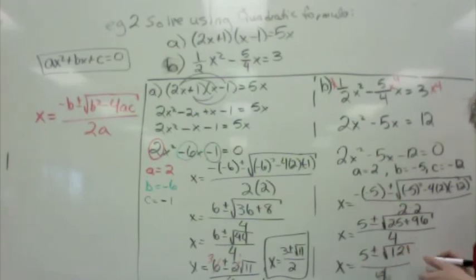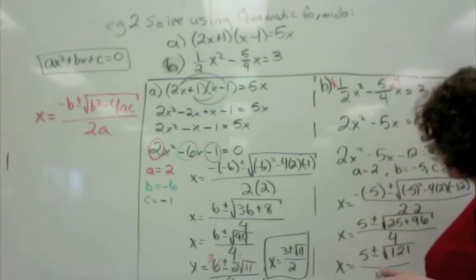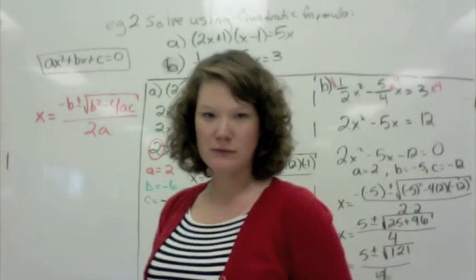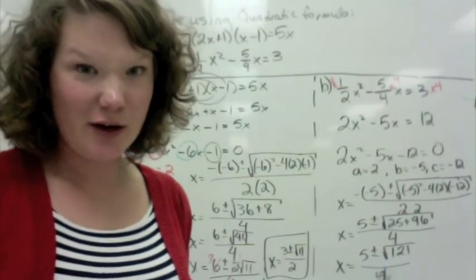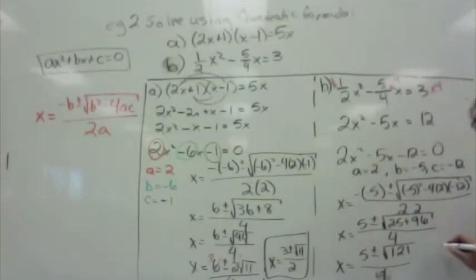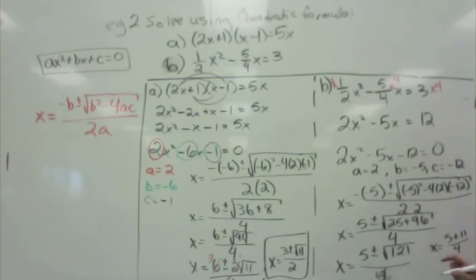What we can say here, guys, is that x equals 5 plus or minus 11 over 4. At this point, since we don't have any crazy square roots, we can actually solve it. So we can say x equals 5 plus 11 over 4, which is 16 over 4, which is 4.